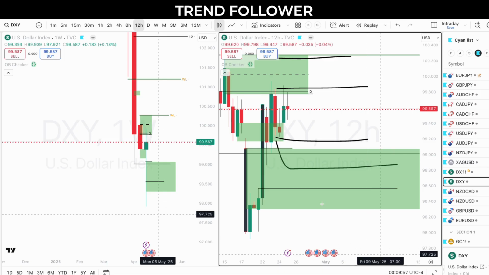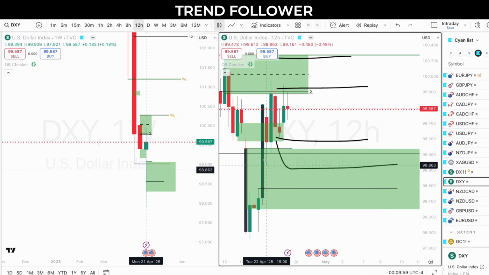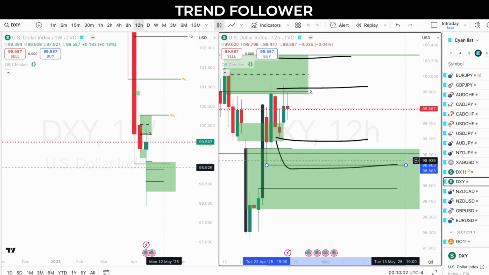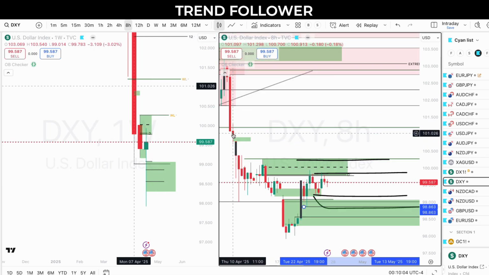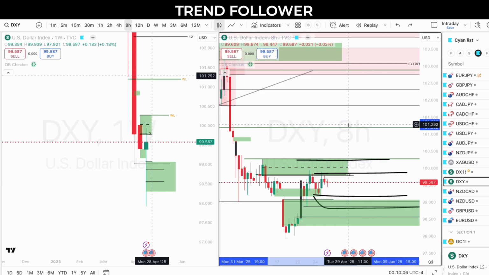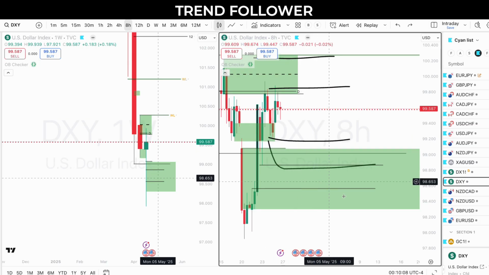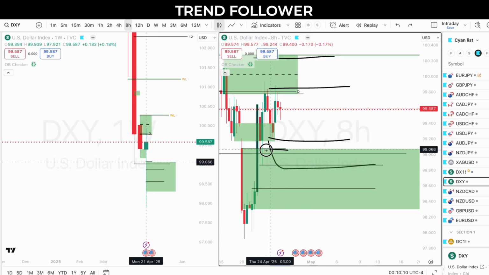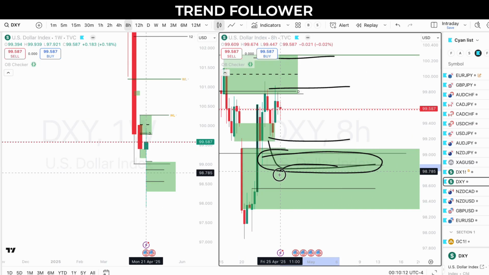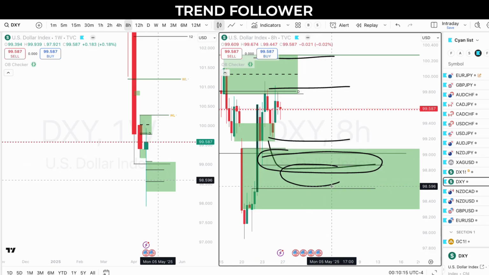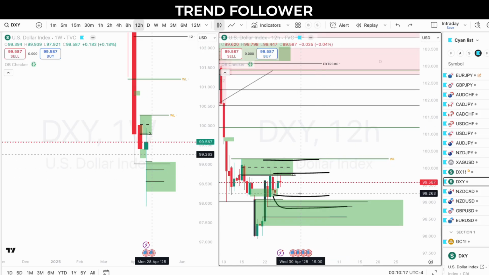So what you will have to do is be very attentive here: when it tests this fair value gap, this particular zone, what's the price action here? Because this is all fair value gap on another time frame.